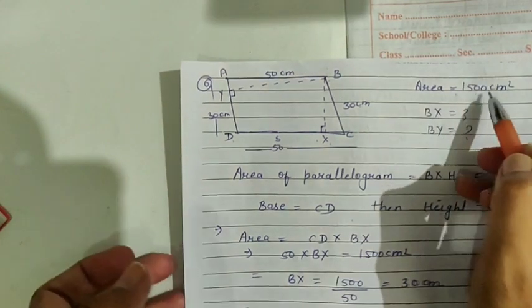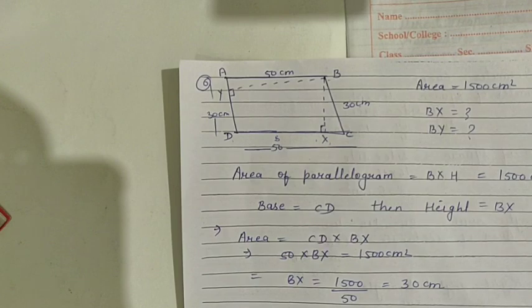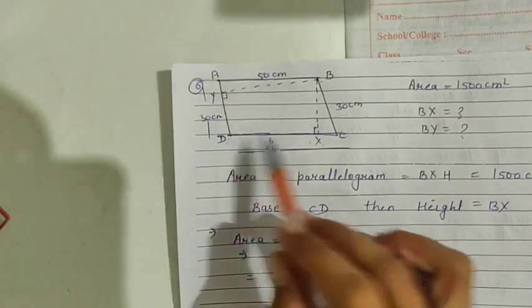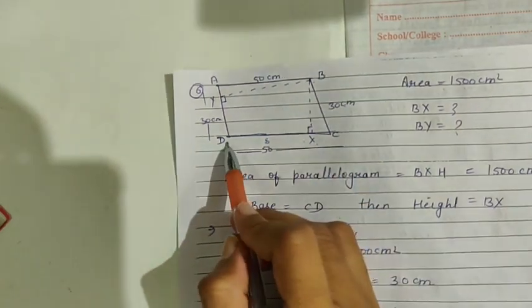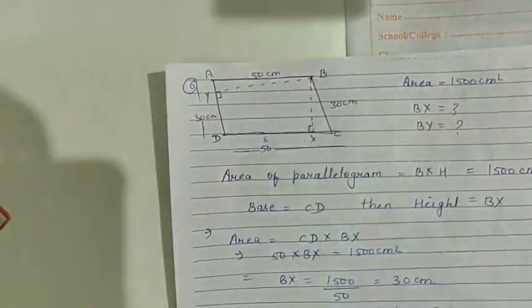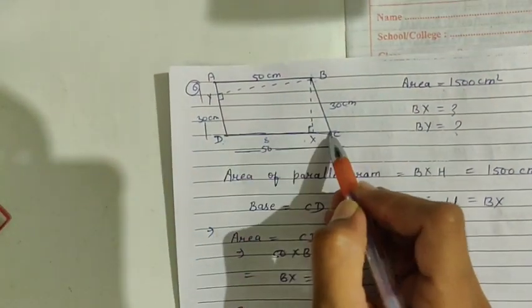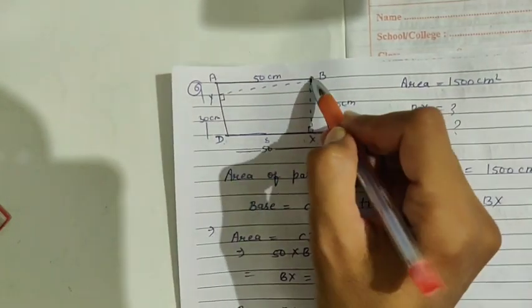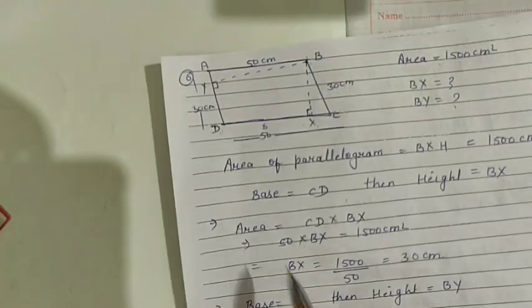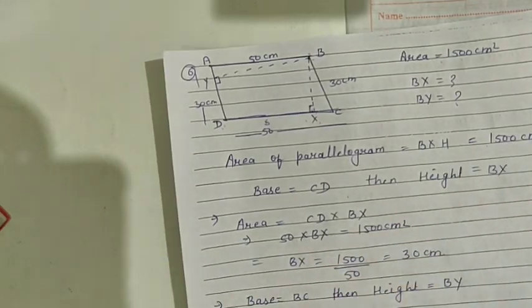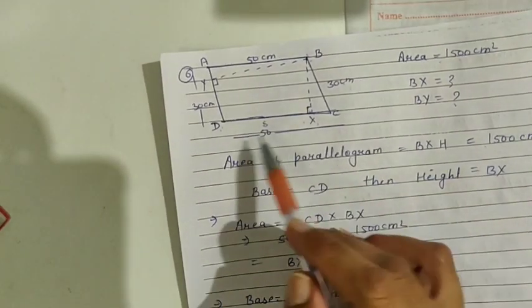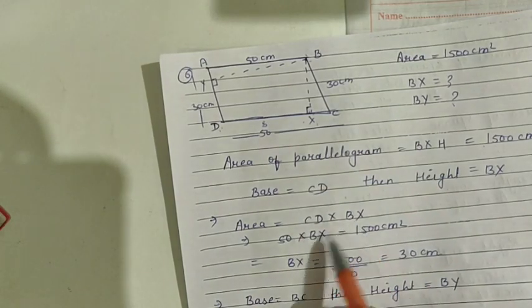And area is given as 1500 centimeter square. When I take CD as a base, then height is BX, and area is equal to base into height, that is equal to 1500 centimeter square. So base is CD and height is BX.